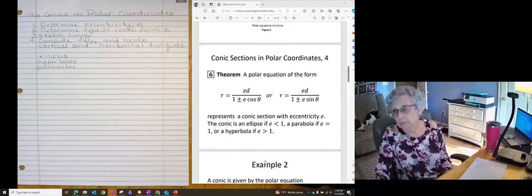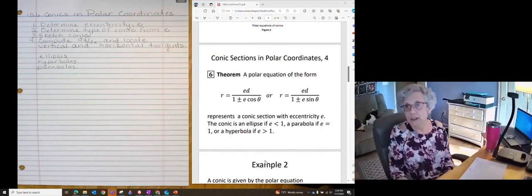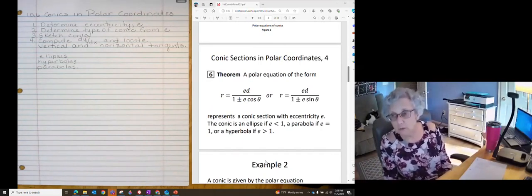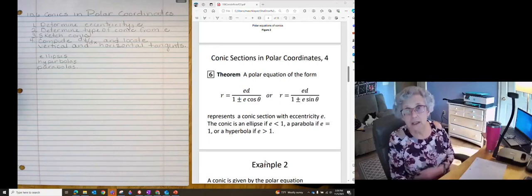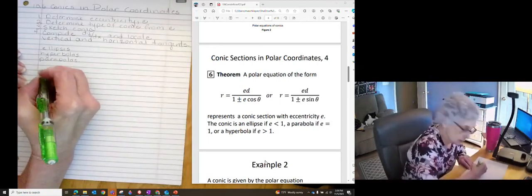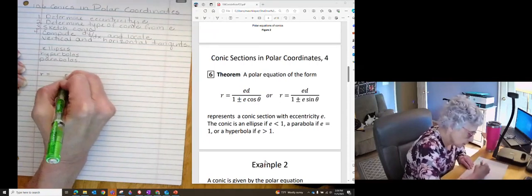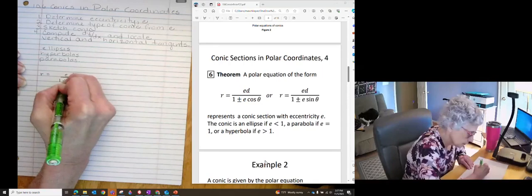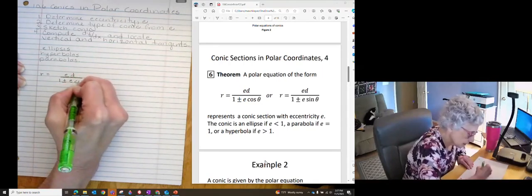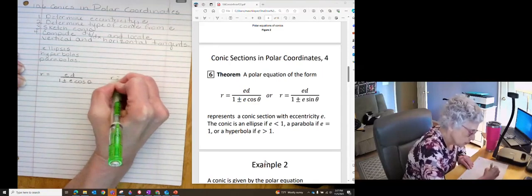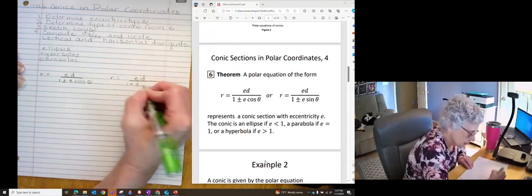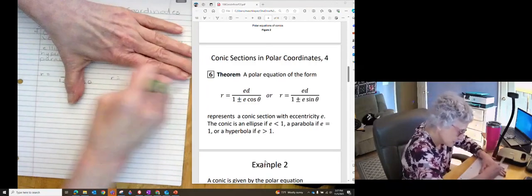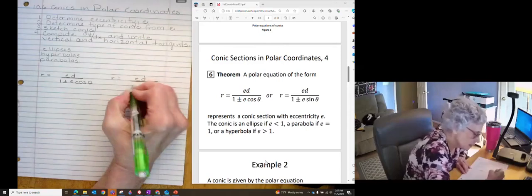So, a polar equation of this form, ED over 1 plus or minus E cosine or sine theta, is a conic section, and the eccentricity is the number sitting next to the trig function. So we have r equals ED over 1 plus or minus E cosine theta, or ED over 1 plus or minus E times the sine of theta.